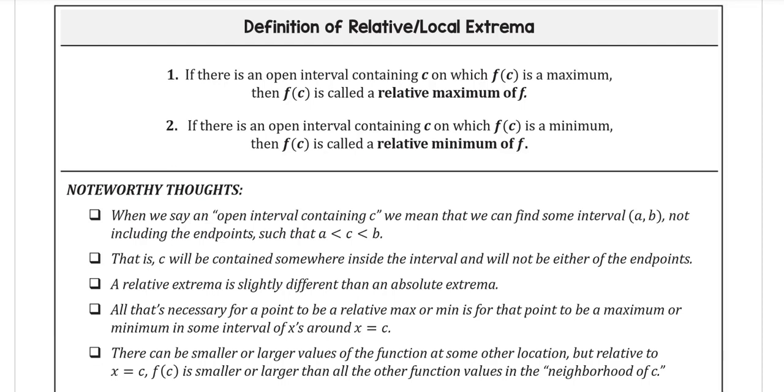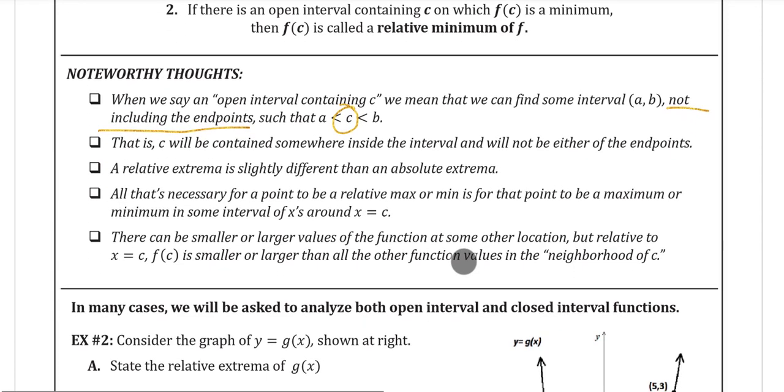Now, things to note here. First, when we say an open interval containing c, remember that since this is an open interval, we are not including the endpoints. So c has to be between a and b. The second notice says that c will be contained somewhere inside the interval and not on the endpoints.